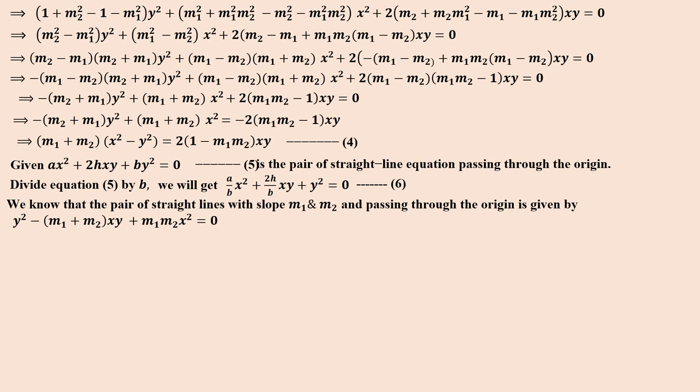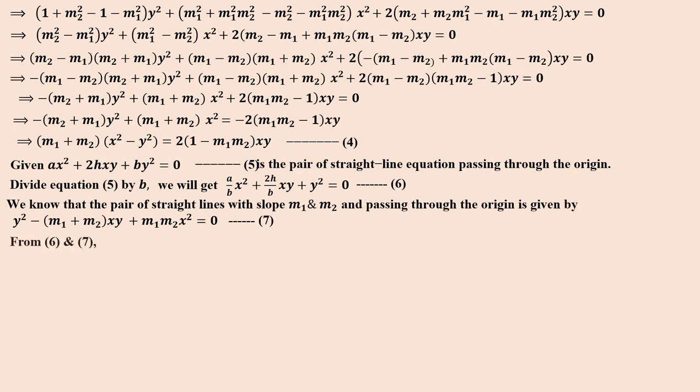So these represent the same line, that is the pair of straight lines ax square plus 2hxy plus by square equal to 0, and also the same line becomes a by b x square plus 2h by b xy plus y square equal to 0. This line represents 5 and 6 the same, all three are the same, the seventh equation.